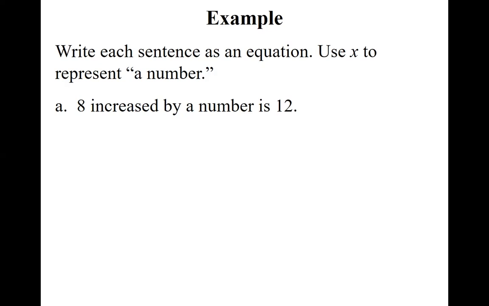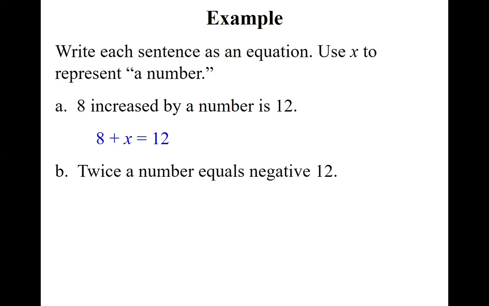8 increased by a number is 12. 8 plus x equals 12. Twice a number equals negative 12. That's 2 times x, and then equals, and then negative 12. 2x equals negative 12.